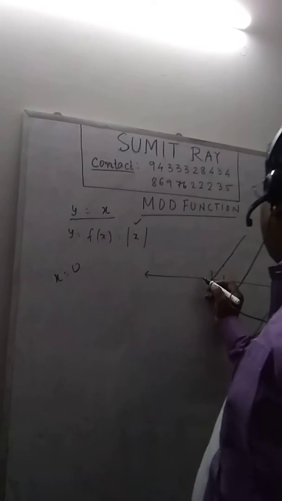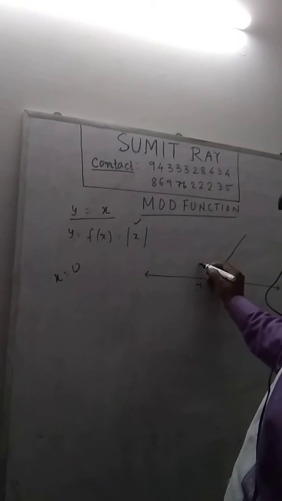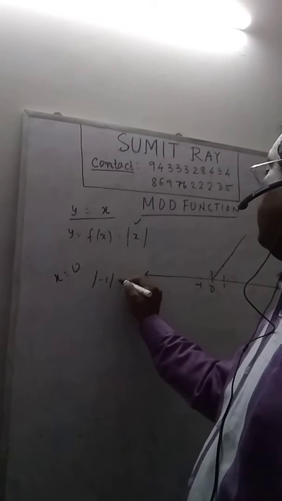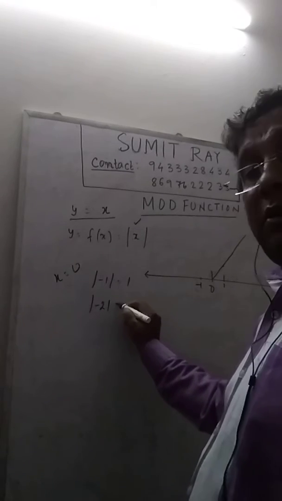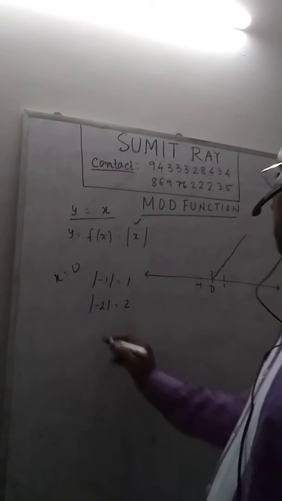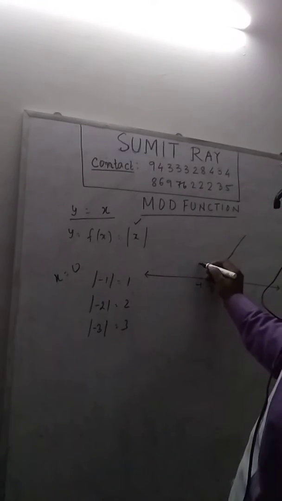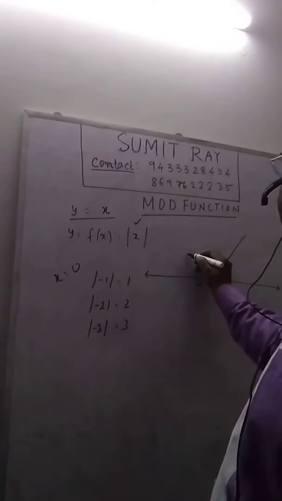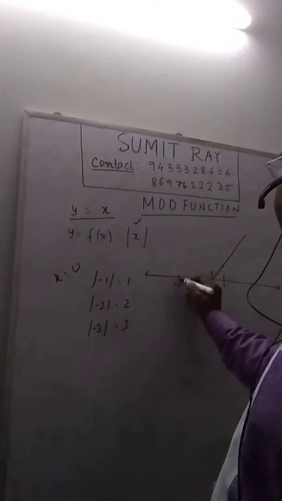Now, for x is equal to minus 1, again the y value should be 1, because it's mod. Mod of minus 1 is equal to 1, mod of minus 2 is equal to 2, mod of minus 3 is equal to 3. So for mod of minus 1 we get this point, for mod of minus 2 this point, for mod of minus 3 this point.